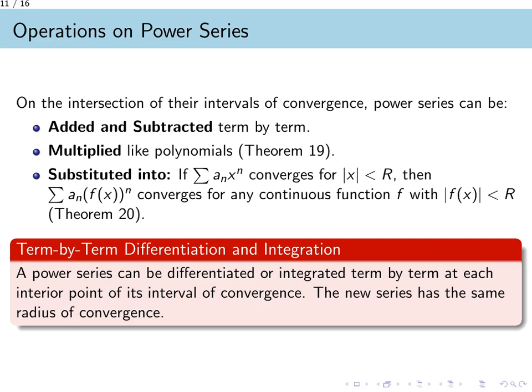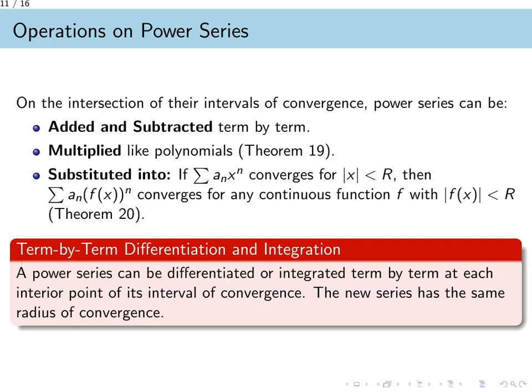Furthermore, we can create new series through substitutions. If you have a known series for a variable x, you can substitute a function of x, let us call it f of x, as long as the absolute value of that function remains within the original radius of convergence. Perhaps most importantly, we can apply calculus.